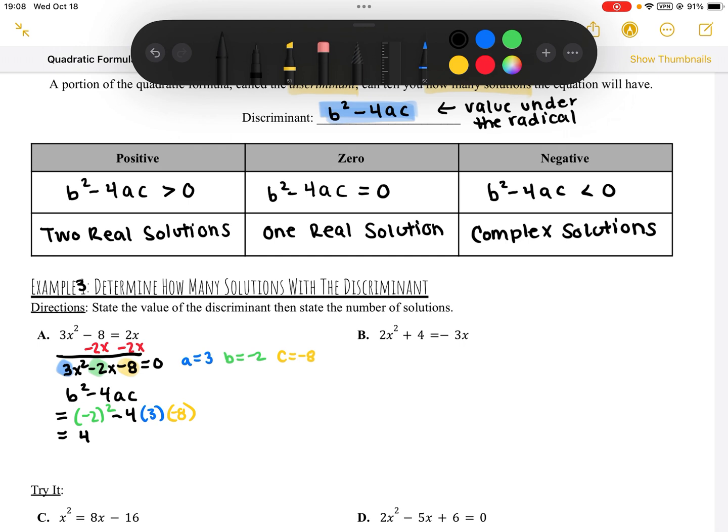Negative 4 times 3 times negative 8 is going to give me a positive 96. And 4 plus 96 gives me 100. So 100 is my discriminant. 100 is greater than 0, so it is a positive value. That means I am going to have 2 real solutions.